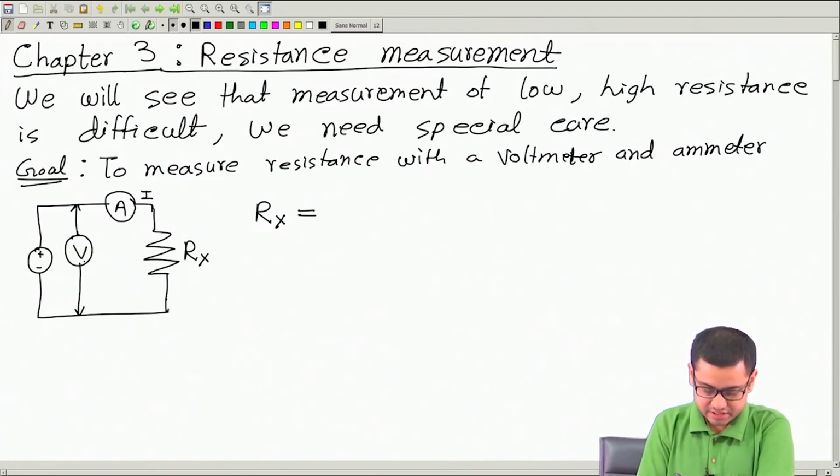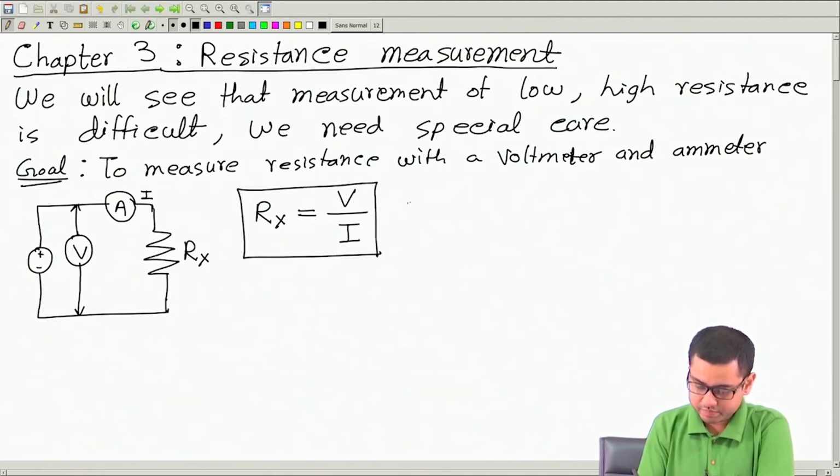If the voltage given by the voltmeter is V, and the current shown by the ammeter is I, then Rx is V by I. This is from Ohm's law.